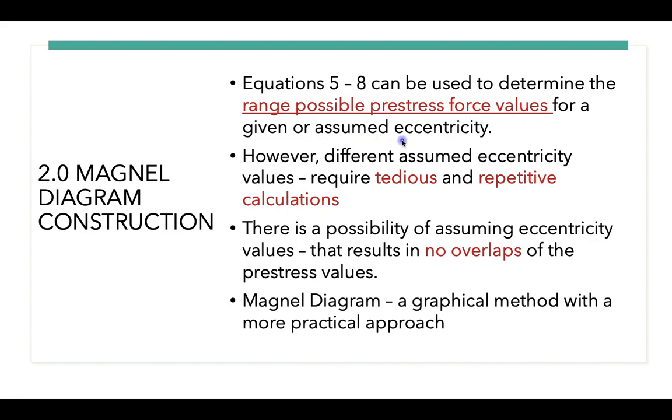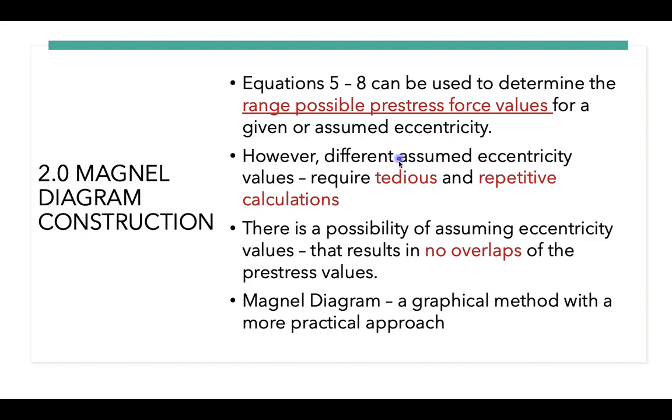This is what we have done previously in example 2, where we were given the value of the eccentricity and calculated four prestress values, and based on them determined the minimum and the maximum prestress value.